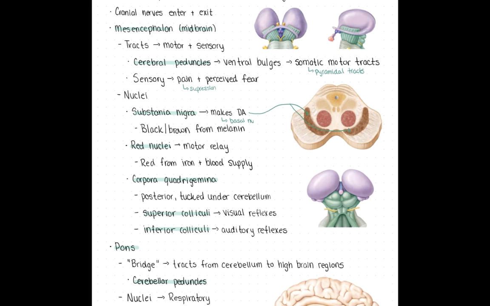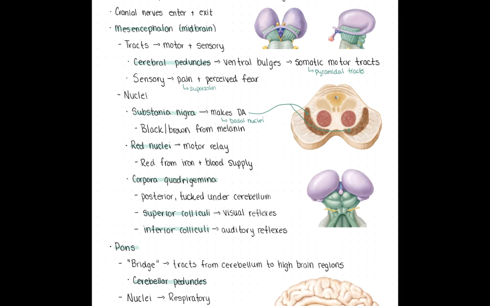Because remember the last video we talked about with those basal nuclei, they help to regulate movement and the start and stop of movements and make them appropriate. And they use dopamine for that purpose. And that dopamine is coming from the substantia nigra located here in the midbrain.